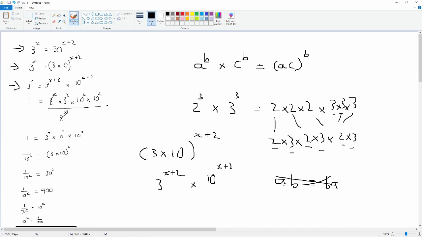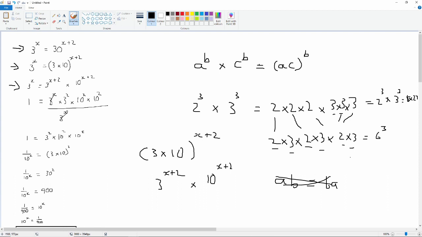And now you see this here is 2 cubed times 3 cubed, which is equal to 8 times 27. And this here is equal to 6 times 6 times 6, which is equal to 6 cubed.